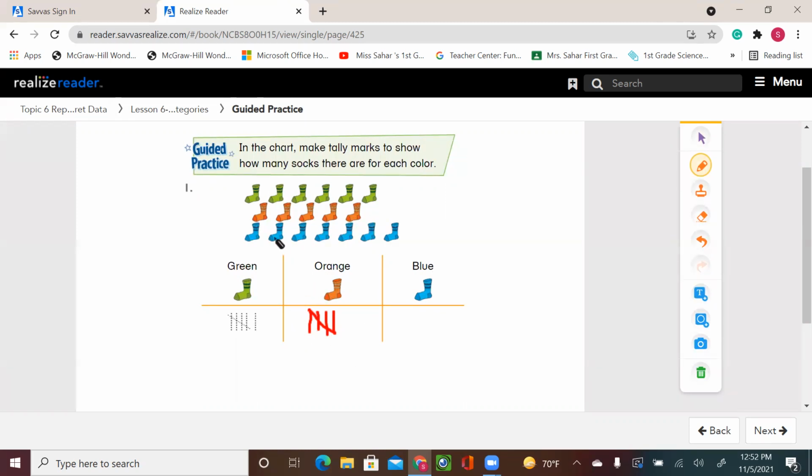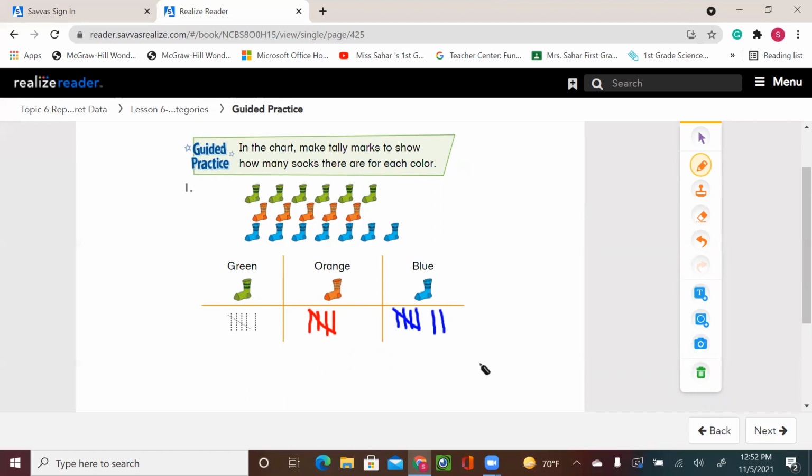Let's count the blue. 1, 2, 3, 4, 5, 6, 7. So 7 means 1 set of 5 and 2 straight lines. So let's see. 1, 2, 3, 4, 5, 6, 7.